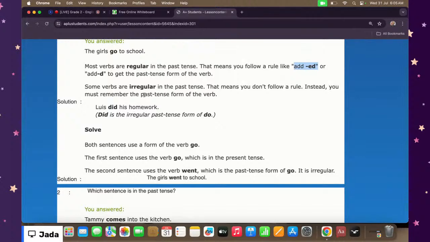So this one, you cannot add ed to them. You have to be the one that remember. Just like when we have did and do. So did is the past tense of do.